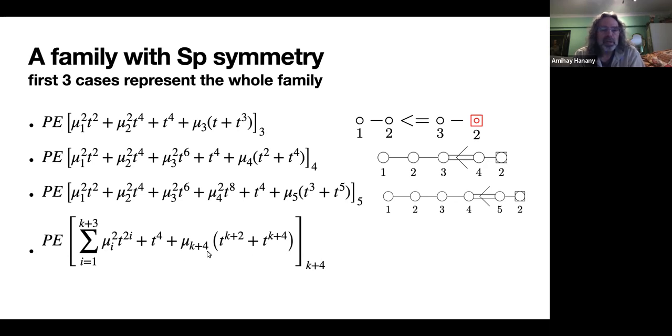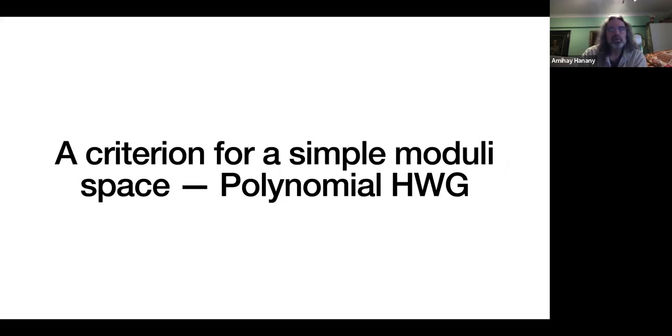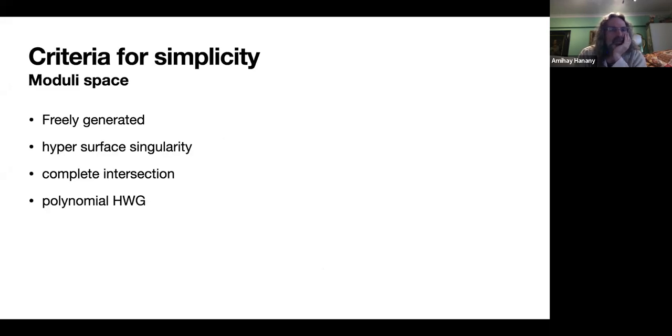The argument inside the PE has finitely many terms. And so I will now declare this as a criterion for simplicity of a moduli space, and I will call it polynomial highest weight generating function. Now I will add it to my list: freely generated, hypersurface, complete intersection. And now the next criterion will be polynomial highest weight generating function.